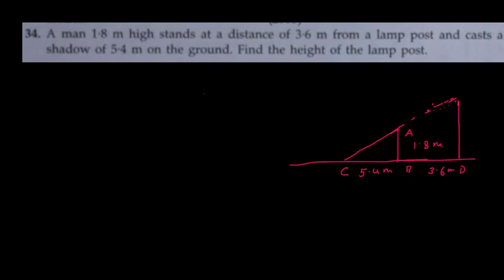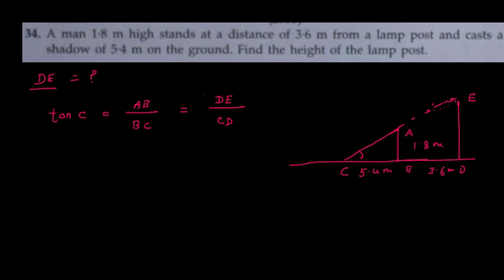And I have to find out this height of lamp post. So A, B, C, D, E. This DE we have to calculate. DE is question mark. So before we calculate DE, we first know what is tan of this angle C. Tan of this angle C is equal to, if I take AB as opposite side, then BC will be adjacent side, and if I take DE as opposite side, then this CD is my adjacent side.